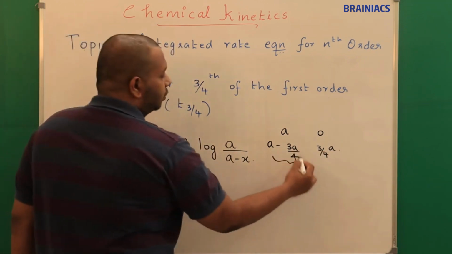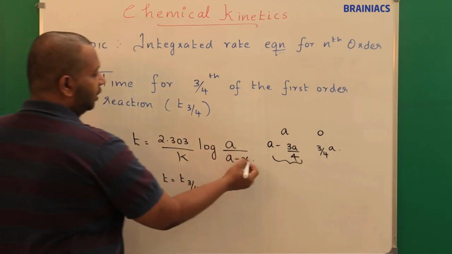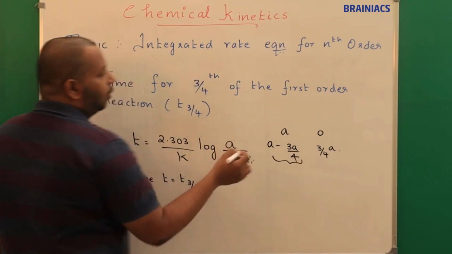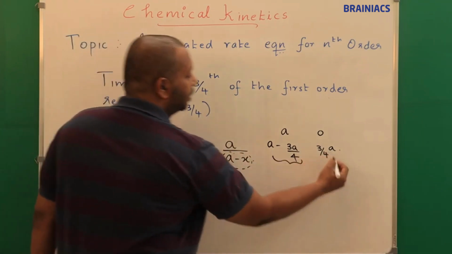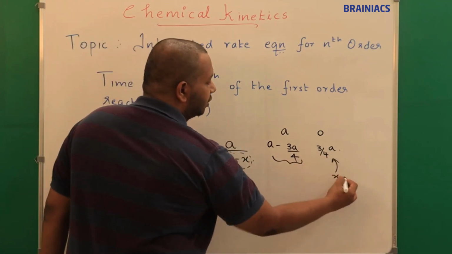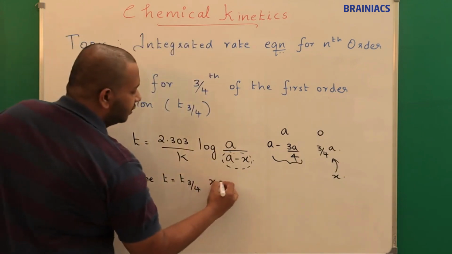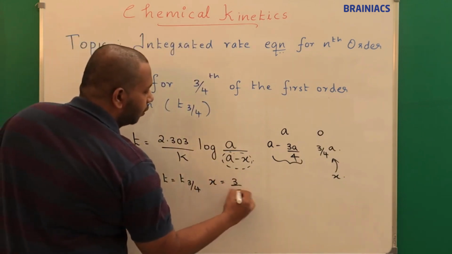So what is this value? That is what you need to substitute instead of A minus x. Or we can just substitute x is equal to 3 by 4 of A.